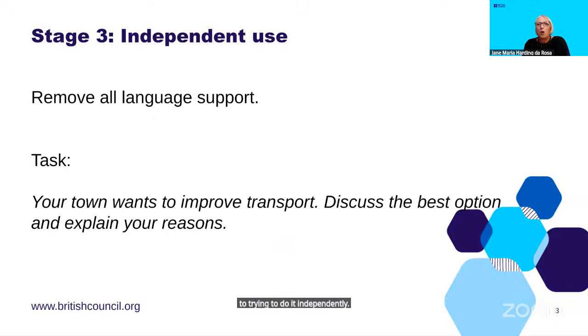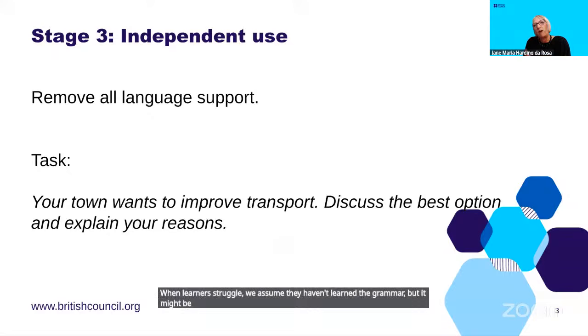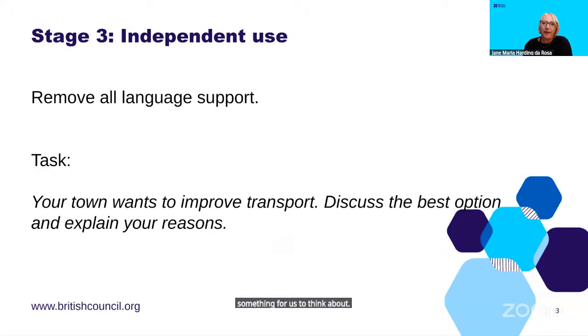And then when learners struggle, we assume they haven't learnt the grammar, but it might be that we've actually just removed that support too quickly. Something for us to think about.